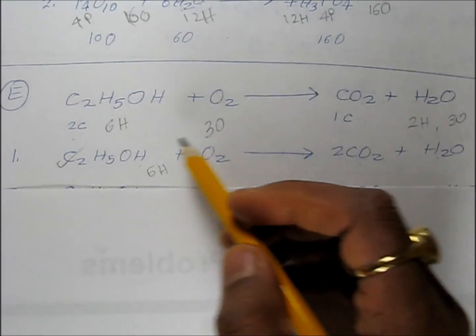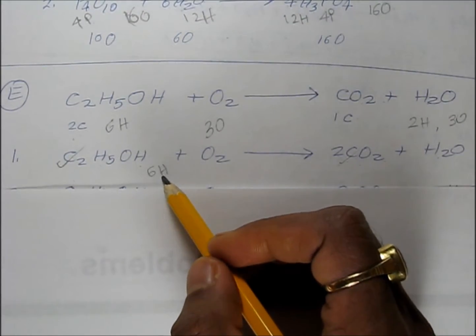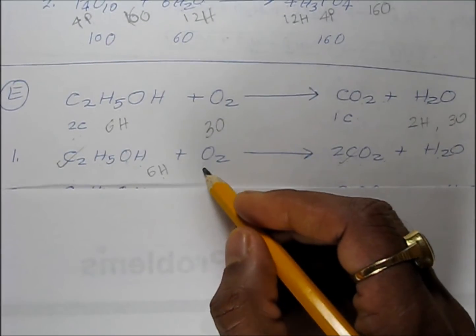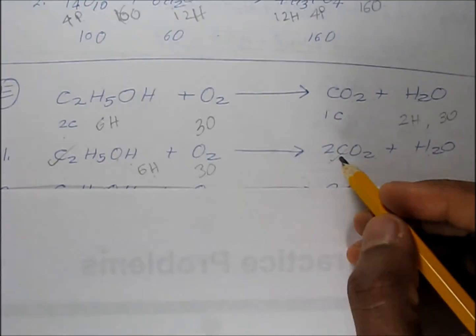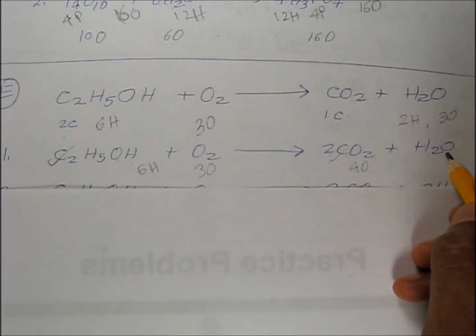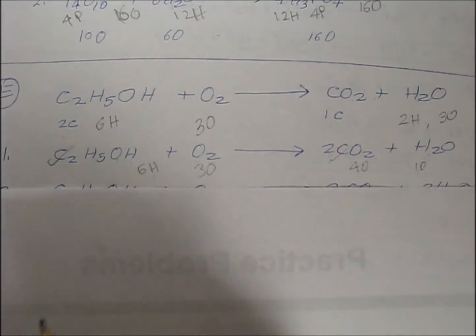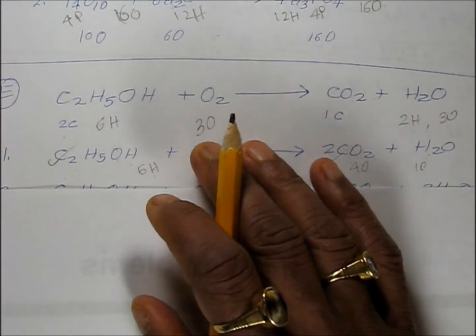So carbon 2 is balanced, 6 hydrogen on this side, and oxygen are 2 and 1, 3 oxygen. But here 2 multiplied by 2, 4 oxygen and 1 oxygen from water molecule, total 5. So 3 and 5. So how to balance?